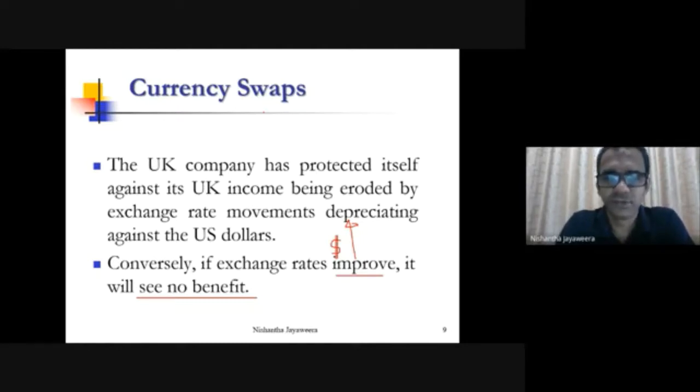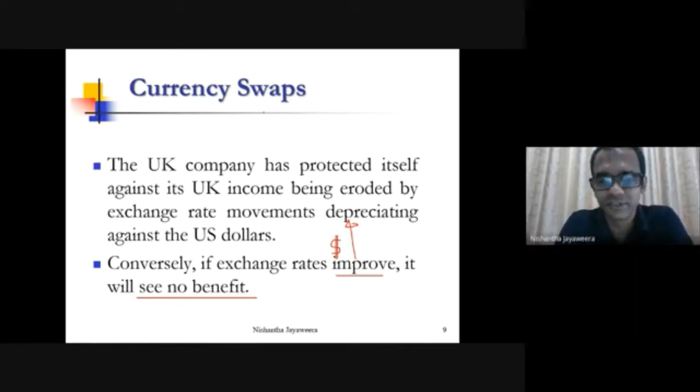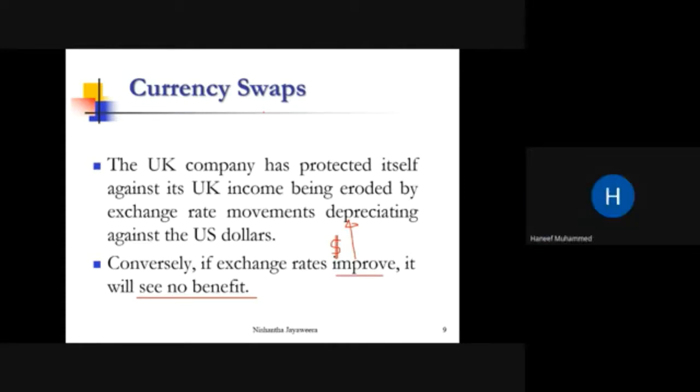So you protect your downside while giving up your upside. So that's the cost. That's a hidden cost. Because this is like an alternative available without cost, because you don't pay anything. But there's a hidden cost. The hidden cost is you give up your upside gain.